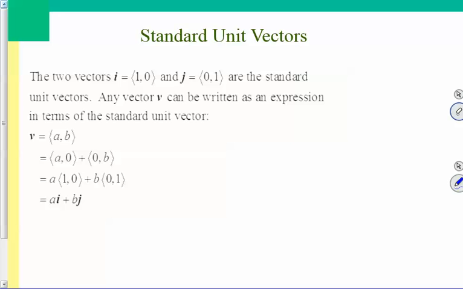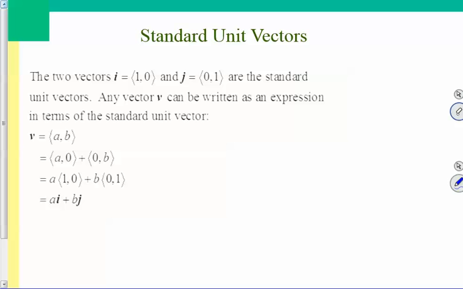So if v equals (a, b), I can say (a, 0) plus (0, b), factor that out, a times (1, 0) plus b times (0, 1). So the standard unit vector form is ai plus bj.